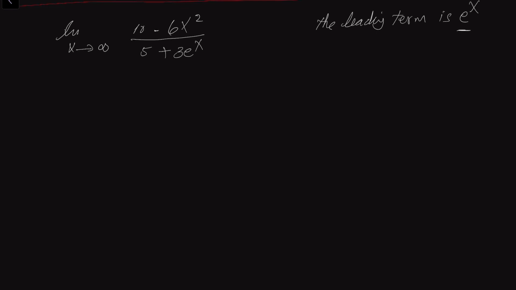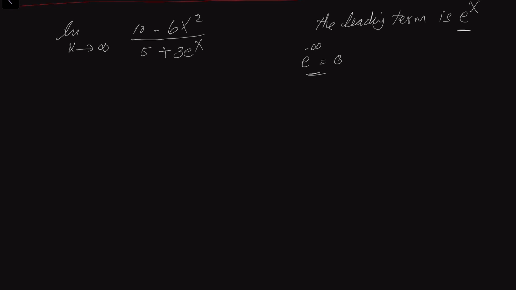So we have to know the leading term. And also we have to know that e to the minus infinity is equal to 0. Those are the two basic rules you have to know before you start solving this problem.